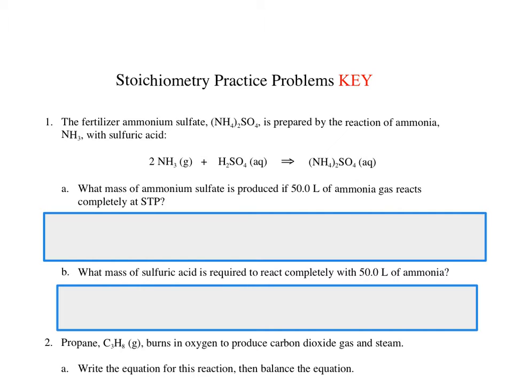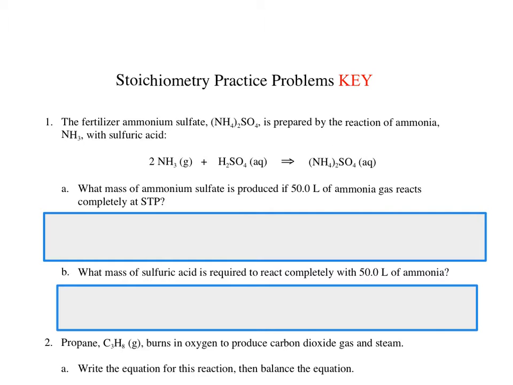And the chemical reaction is already given with the formulas for the two reactants, ammonia, NH3, and sulfuric acid, H2SO4, and the product ammonium sulfate on the right side of the reaction arrow. And it's balanced, and it's a simple 2-1-1 ratio of reactants and products.